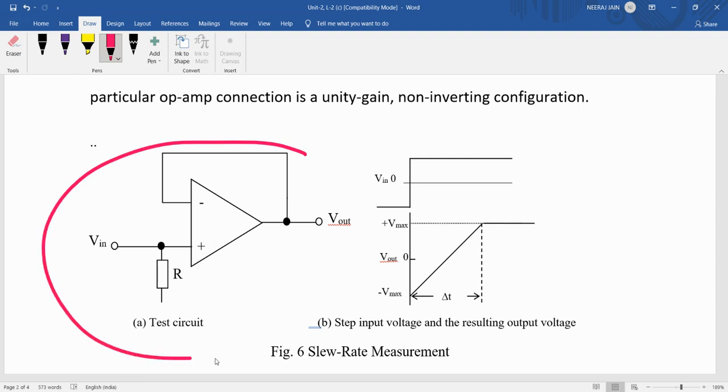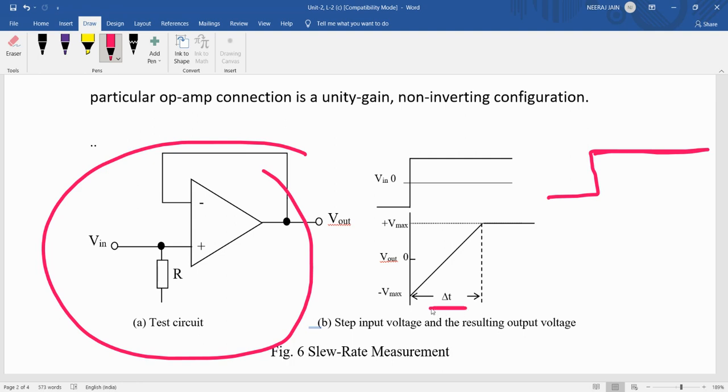Suppose this is the op amp and the slew rate is measured. Suppose this is the input signal. It is a step signal, which has a constant input value, and the resulting output voltage is shown here.